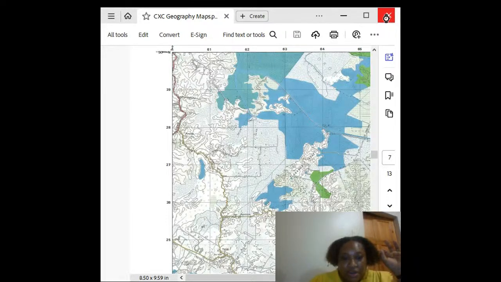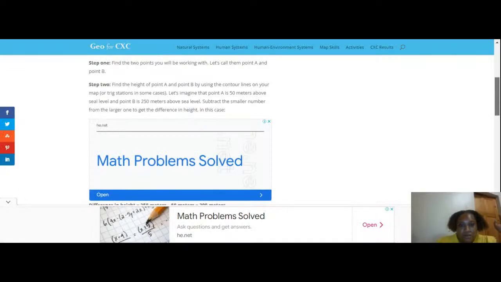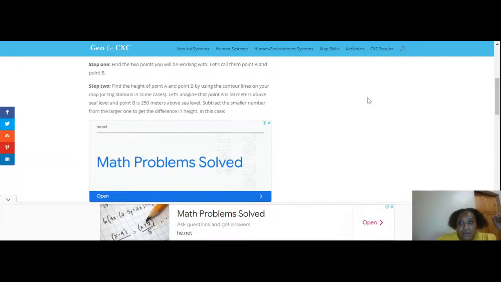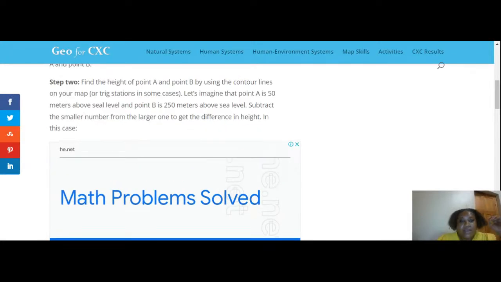So let me share that with you. If you go to www.geophysicsc.com, you shall find that there. Difference in height, so vertical difference in height over horizontal distance, rise over run, right? So in this case, you have 2 points, point A and point B. Point A is 50, which is 50 meters above sea level.